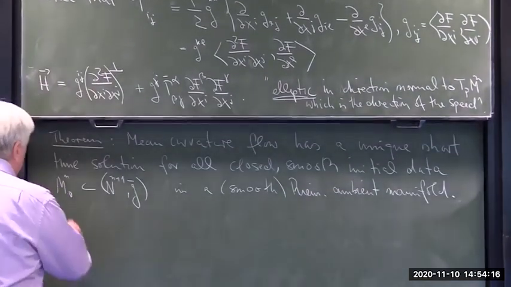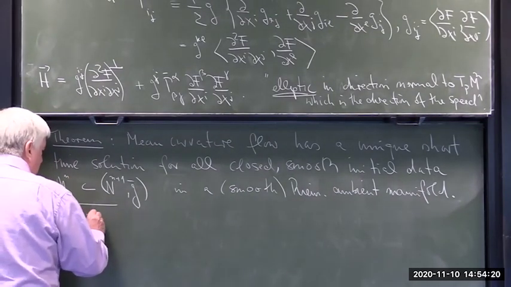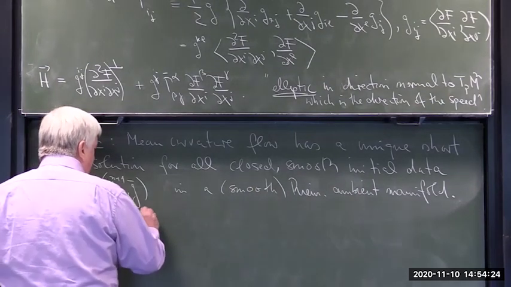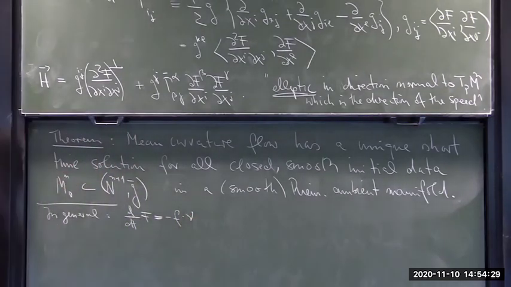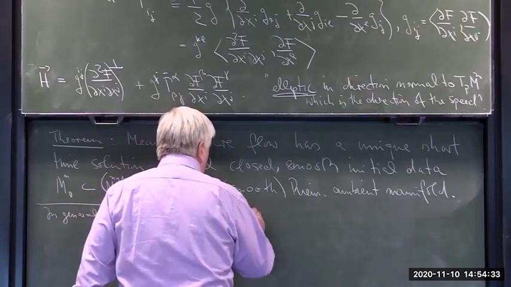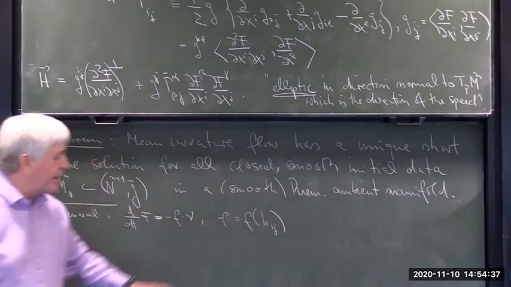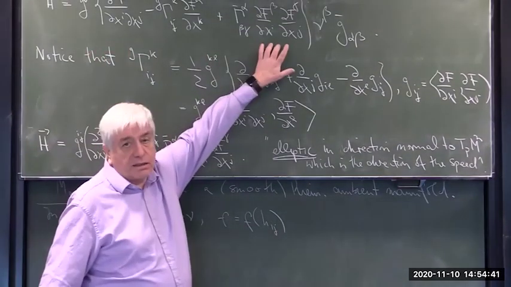So in general, our speed is d/dt f equals minus F times nu. And F is some function depending on this matrix h_ij, which is here in this bracket.